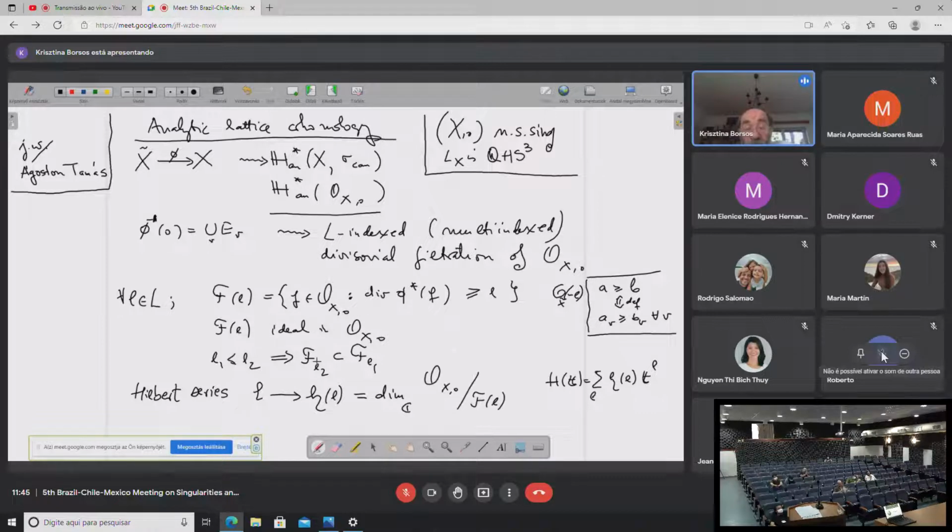Of course, we consider the Hilbert coefficients, the Hilbert series associated with this. The coefficient associated with L is the dimension of O divided by F_L, so this is the codimension of this F_L ideal.